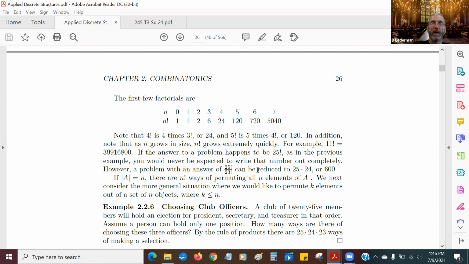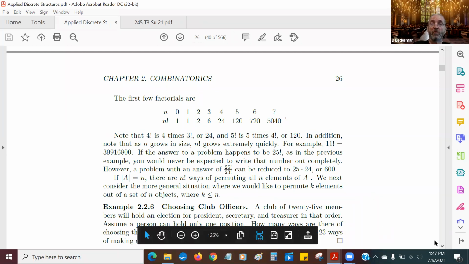But what's interesting is when I divide factorials, let's say 25 factorial divided by 23 factorial. 25 factorial is a humongous number, and 23 factorial is a humongous number. But really what's going to happen is that everything's going to cancel out. The last 23 numbers on top are going to cancel out with the entire 23 numbers on the bottom. So I'm just going to be left with 25 times 24, which is 600. A lot of times when you divide factorials, it reduces a lot. It becomes easier.